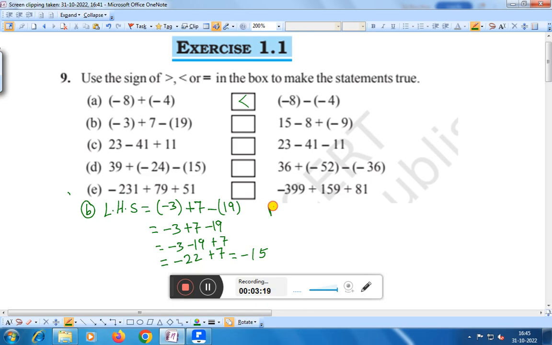Right hand side is equal to 15 minus 8 plus of -9.